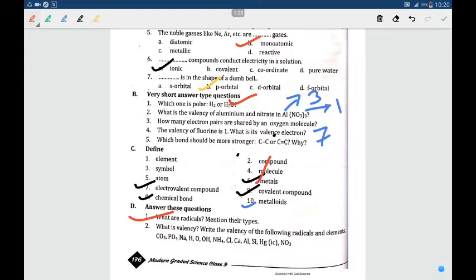And what are the types of radicals? You can write electropositive radicals and electronegative radicals, or you can write simple radical and compound radical.